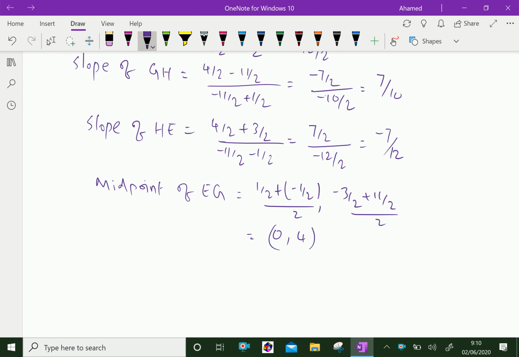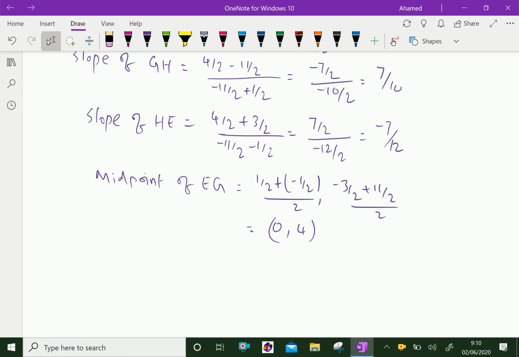We got the midpoint of EG as (0, 4), as well as the midpoint of HF.